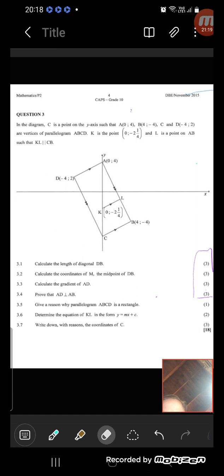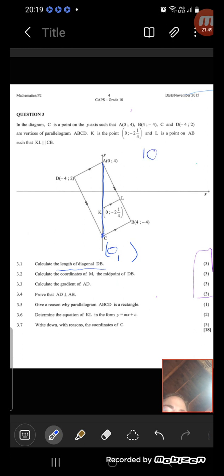Write down with reasons the coordinates of C. Well, C looks like it's on a diagonal. I already know that the x is going to be 0. I proved earlier on what the length of this diagonal was. And it wasn't this, but say for instance it was 10.